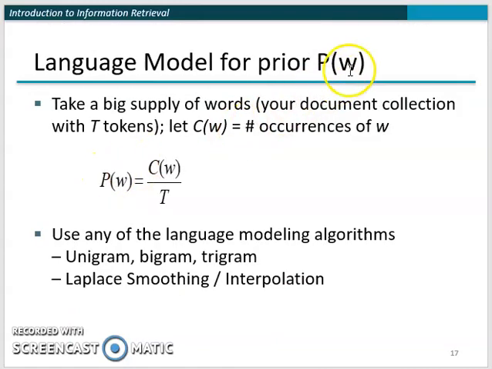Let's first talk about the prior probability. This is the probability of a word. This can be obtained by just training a language model. Let's say we train a Unigram language model.